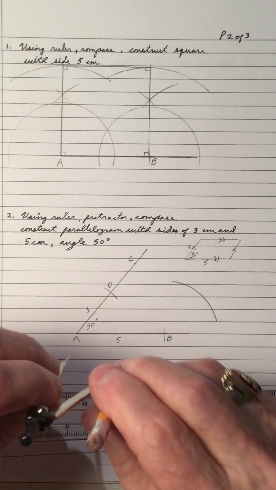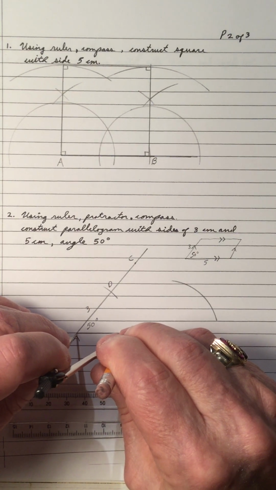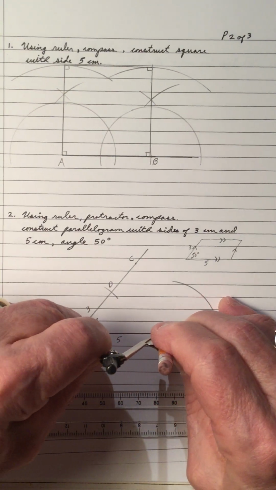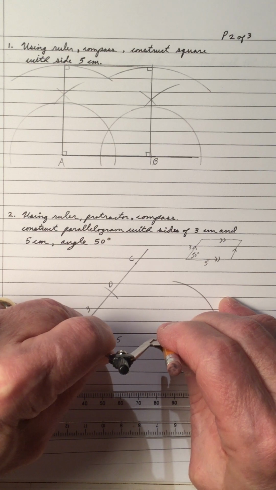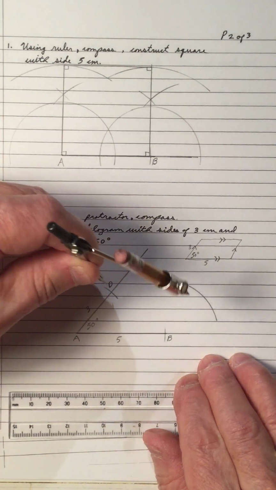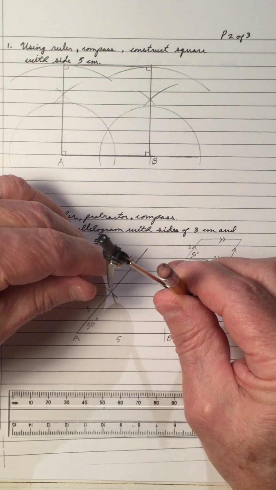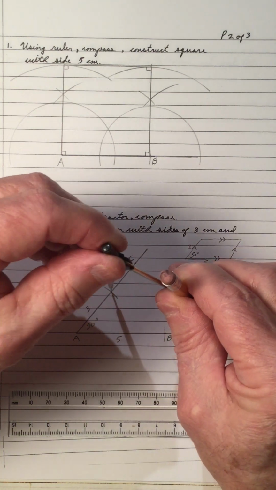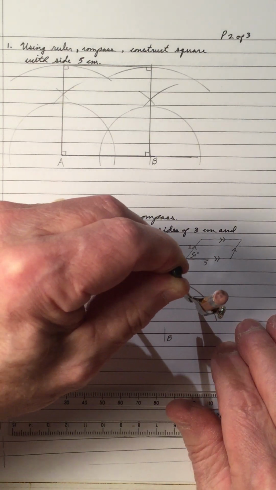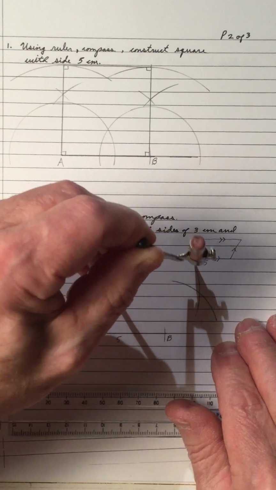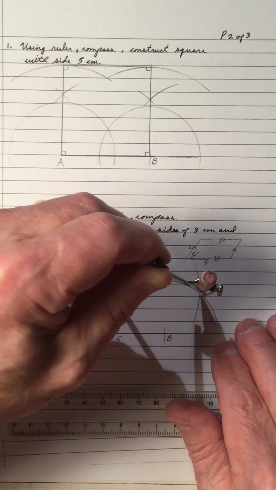Now, what I could do is put the compass at A, open it up to 5, which is there. Place the compass at D and draw an arc 5 centimeters, or a circle that has a 5 centimeter radius.